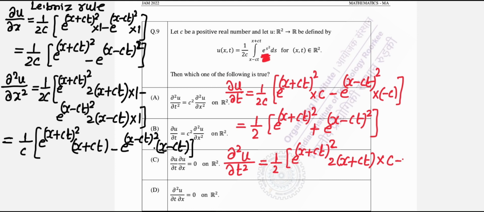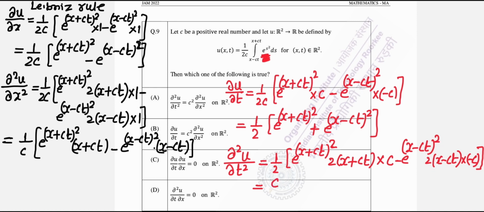Thereafter minus, again e to the power x minus ct whole square, and here 2 into x minus ct, and differentiation of x minus ct with respect to t will be minus c, bracket closed.